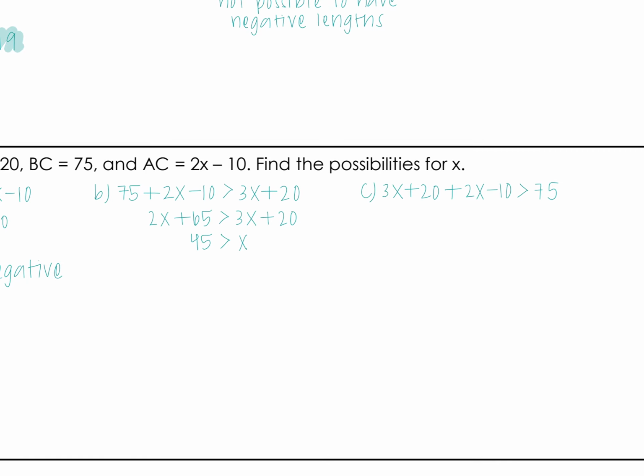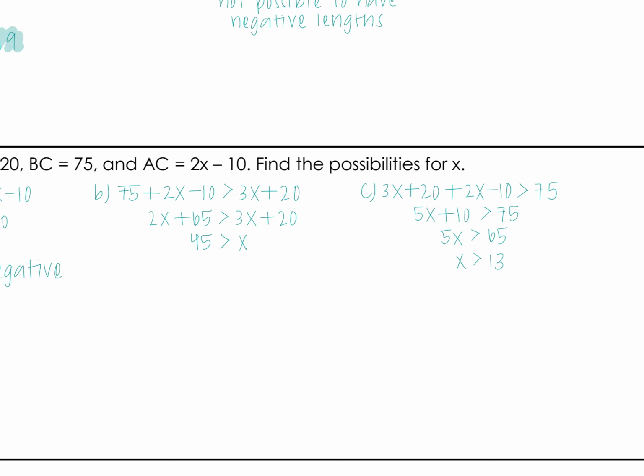And then in my last scenario, combining my like terms here, I'm going to get 5x plus 10 is greater than 75. So 5x is greater than, I'm going to subtract that 10 to get 65. So x is greater than 13.